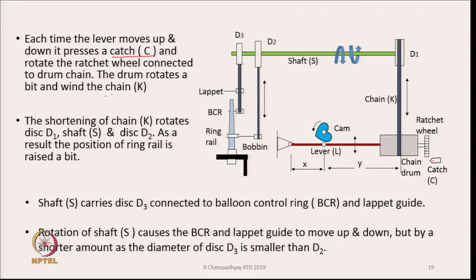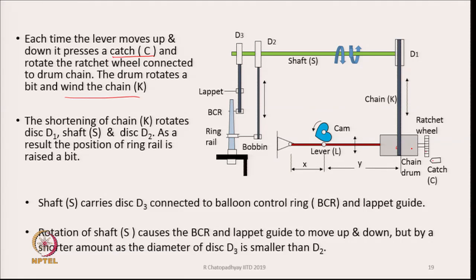The drum will rotate a bit, and what is the result? The chain will be wound on the drum by a very small amount. Depending upon whether the catch is moving the ratchet wheel by 1 tooth or 2 teeth, which can be adjusted, the rotation of this chain drum will vary.